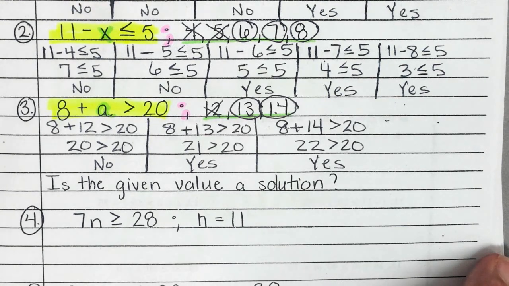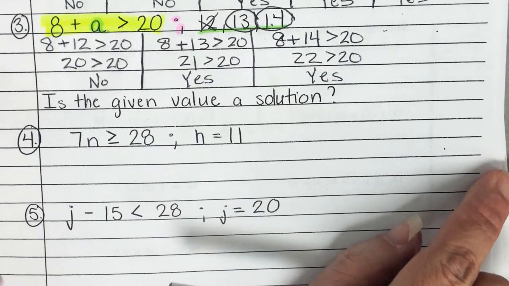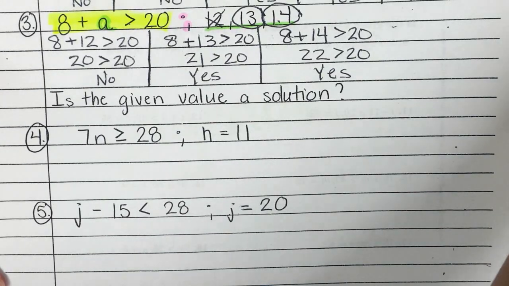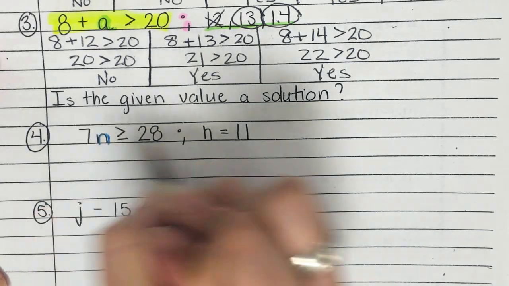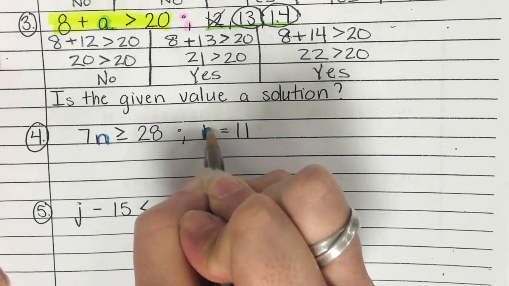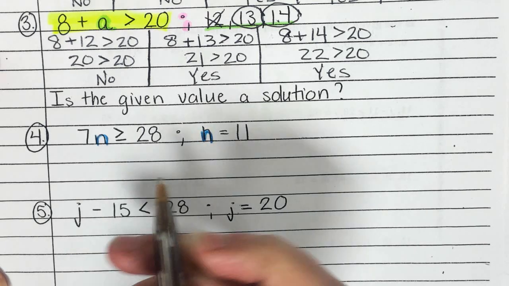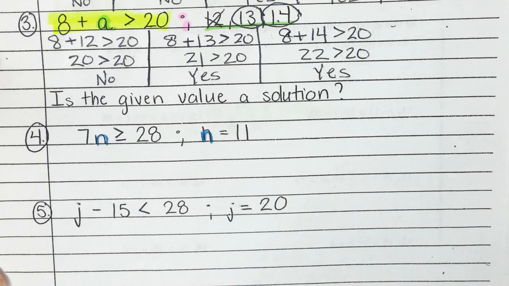Now, on the bottom, it is actually easier because there's only one variable you're testing, or one solution to the variable. Now, listen guys. First off, this is your variable n, and this is supposed to be an n that they want you to put in there. So they're wanting that 11 to be there. This is a j, that's a j. I just knew that n looked like an h.